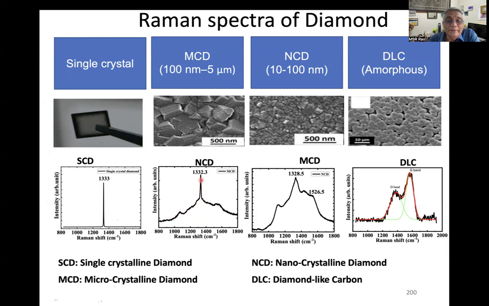But if you're not seeing this peak and only see a broad transition, that means there's no diamond there, right?